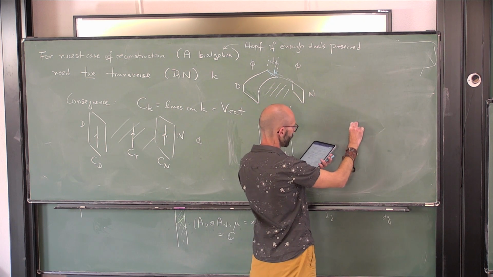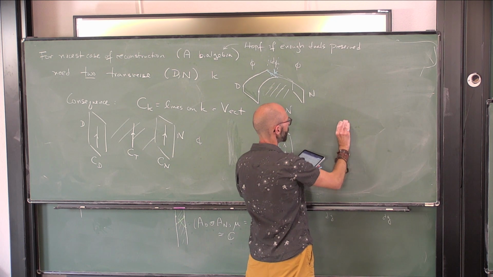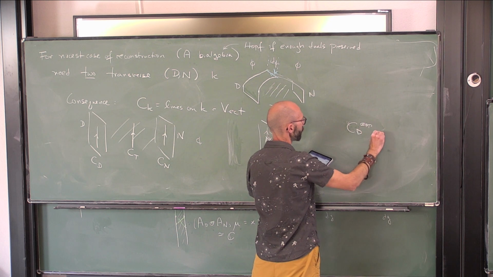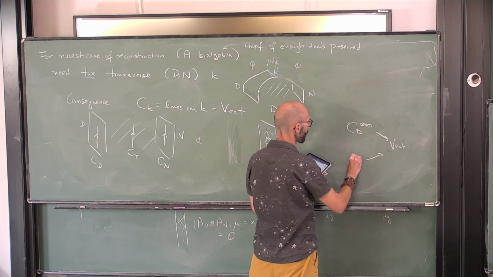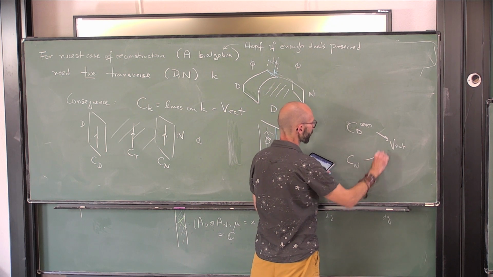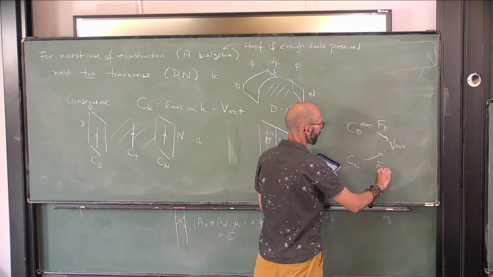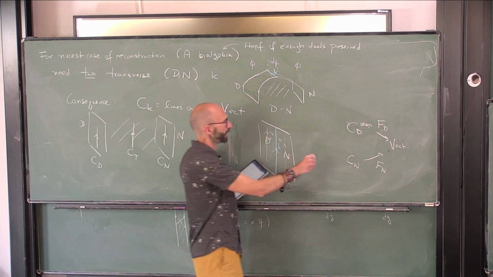And so there are maps from something like CD tensor op to Vect, and CN to Vect. And these are, very schematically, going to be fiber functors for the boundary categories.